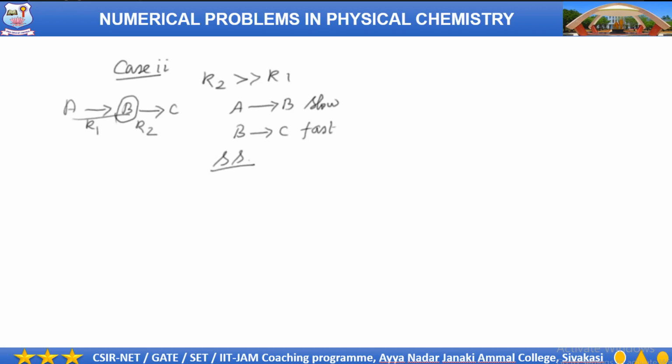Steady state for which one? For the transient species. What is the condition under which a transient species forms? The rate of formation of that intermediate is slow compared to its rate of consumption.